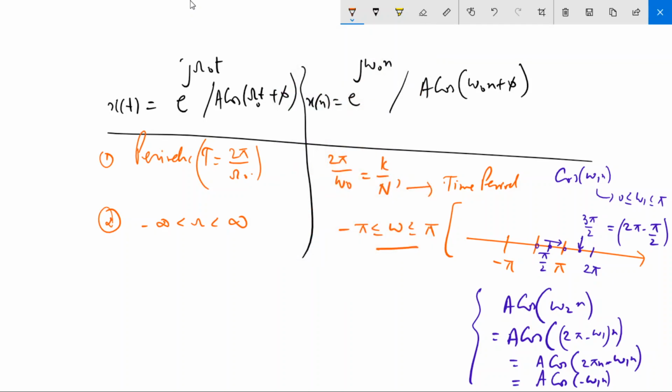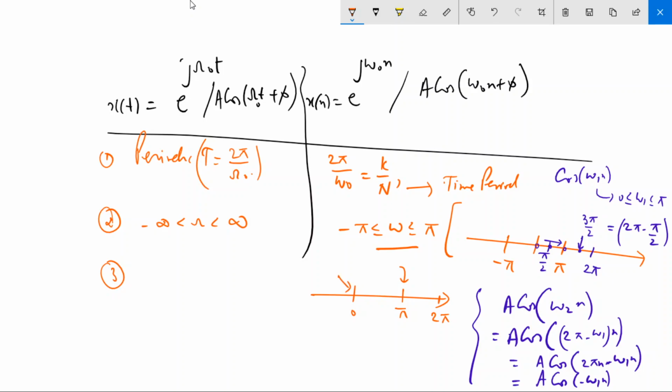part that we have discussed, the difference between them is that as you increase the frequency from 0 to pi, you are getting the highest rate of oscillations at pi. And then as you increase the frequency further, the rate of oscillation decreases, and at 2 pi it becomes the same as at omega equal to 0.